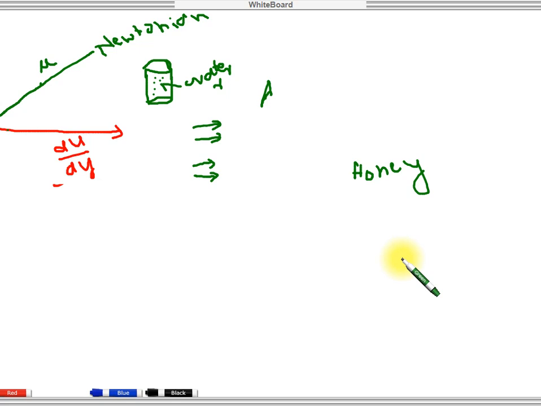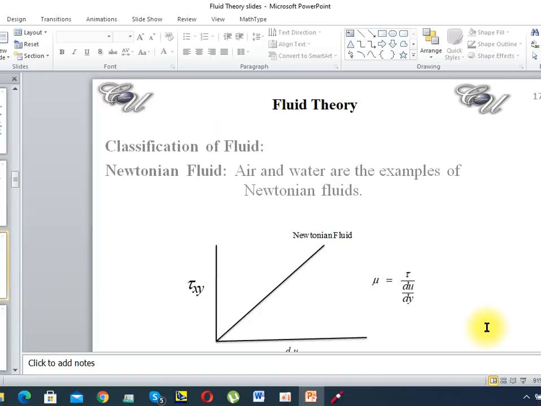Does it become thinner or thicker, or does it remain the same? If it remains the same, it will have this graph, and then it will be Newtonian. Otherwise it will not be Newtonian, meaning it will be non-Newtonian. So please do this. This is an experiment for you.